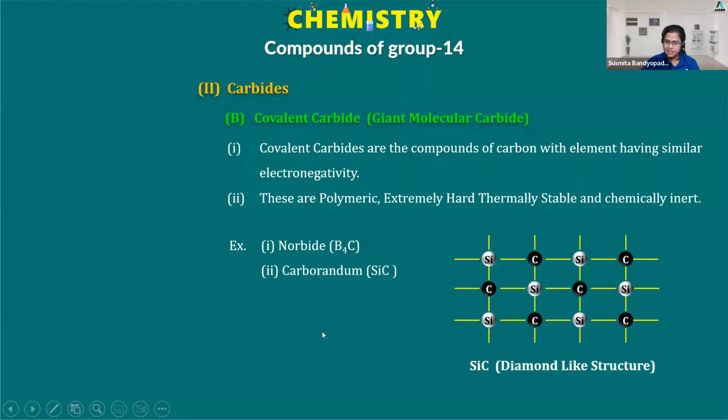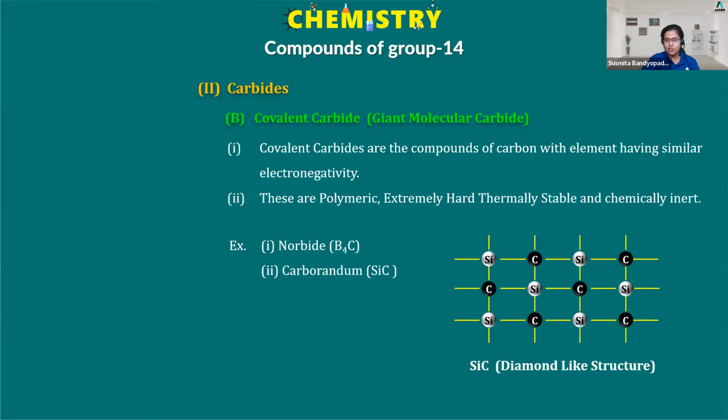Let me check. 1.7. The electronegativity difference should be equal to or greater than 1.7. Then the substance is supposed to have sufficiently strong ionic character.